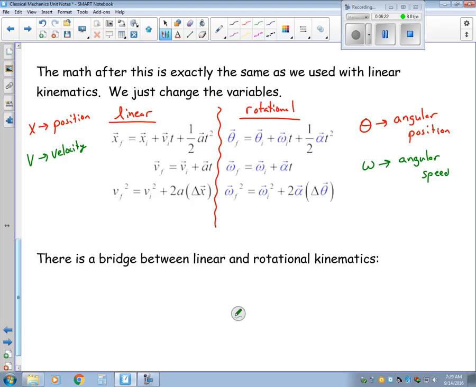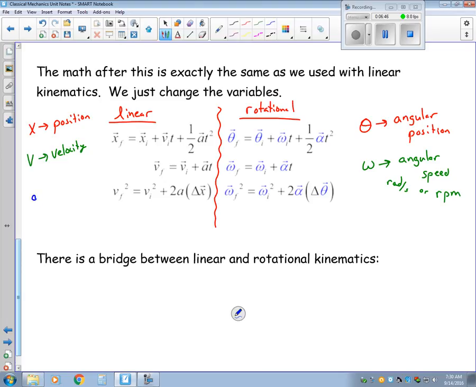So omega is how quickly something's rotating. Angular speed, we can either measure it in radians per second or revolutions per minute. Those are the two most common, and we can take a look at how to convert between the two later.